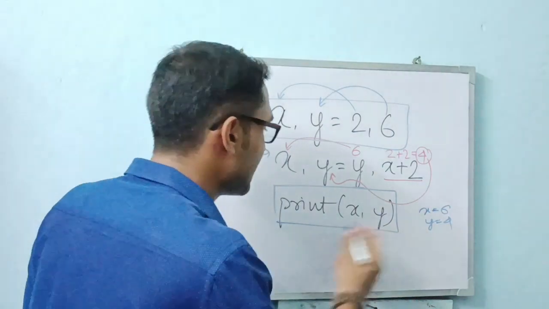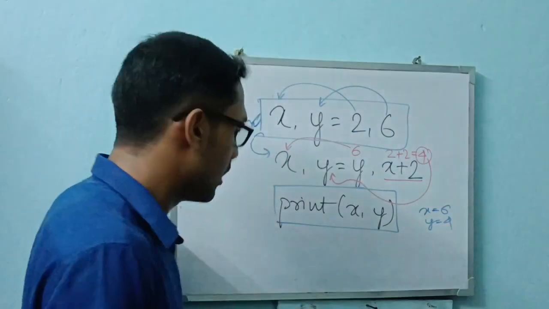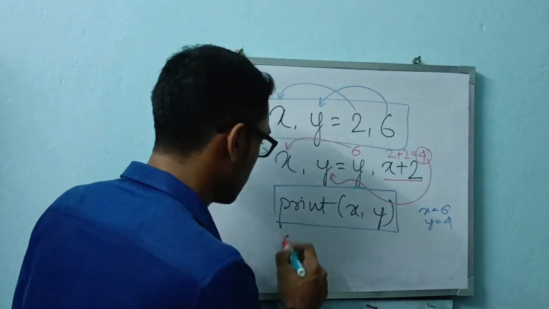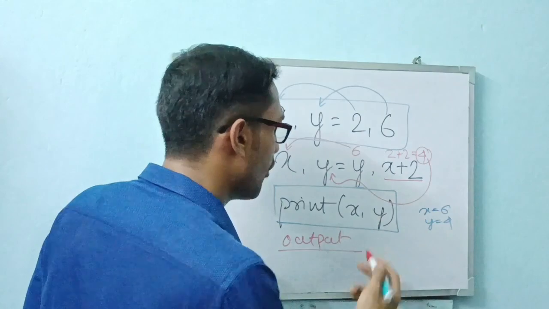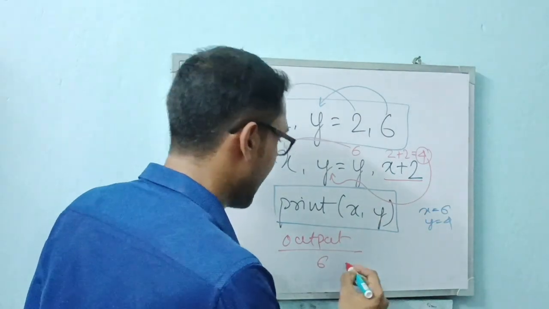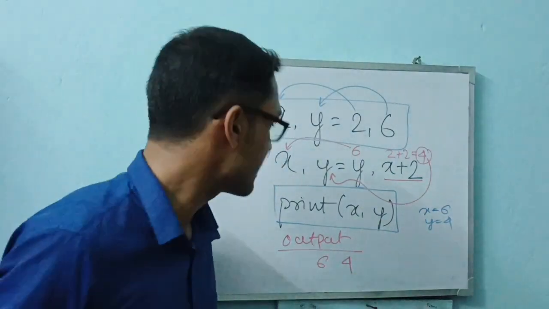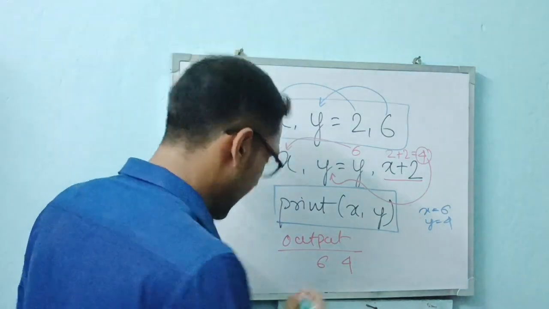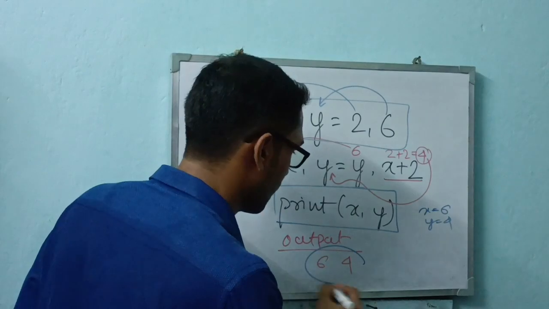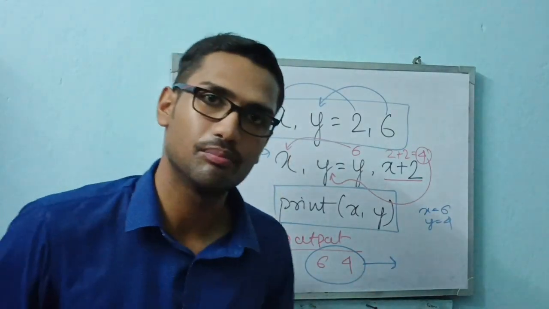So the value of x is 6. So what will be the output? What will be the output? So the output is the value of x gets printed, 6, and then a space, and then 4. So in this fashion only the output will get printed.